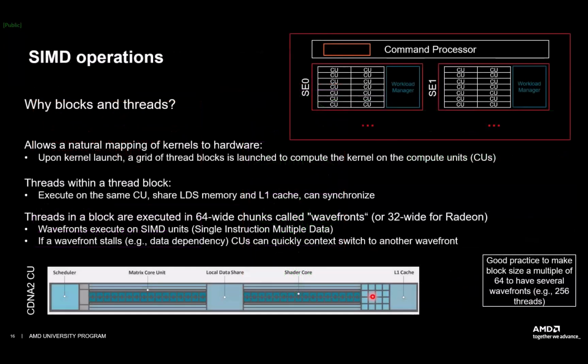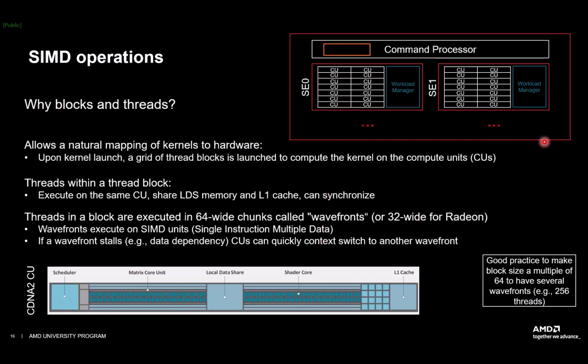Okay, so why do we have this hierarchy of threads and thread blocks instead of just having a bunch of threads spawned? That's because it allows a natural mapping of the kernels to the hardware. If you look at this diagram up in the top right, a cartoon view of an AMD GPU, you can see that you have these shader engines, SE0, SE1, and you can see these ellipses down here, which show that there would actually be more of these shader engines.